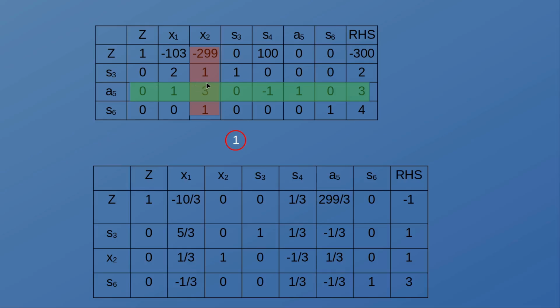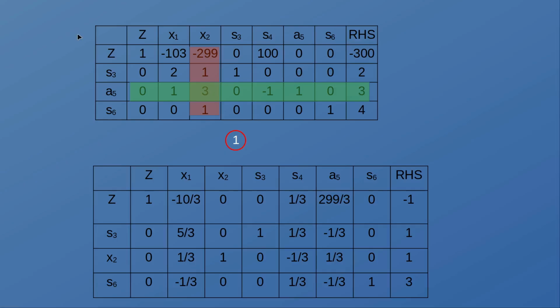Now we do row operations in such a way that we eliminate the value, so that we make all the coefficients under x2 as 0. This means if the first equation is taken here and I have to make 299 as 0, it's going to be R1, that is row 1, plus 299 divided by 3 into row 3.